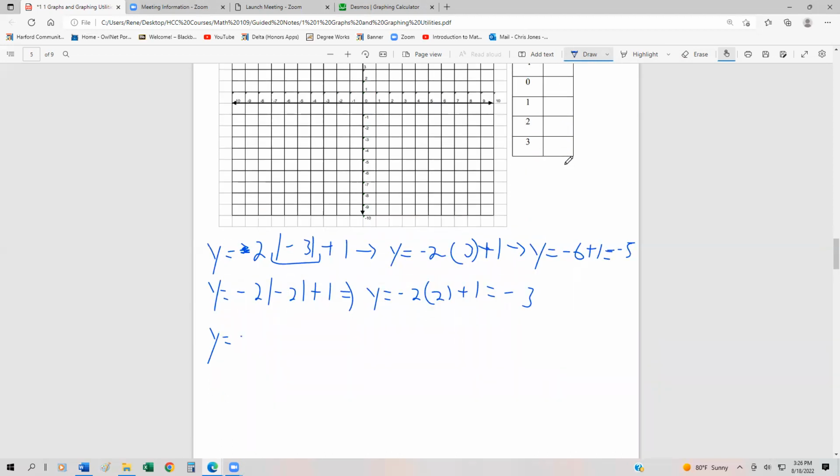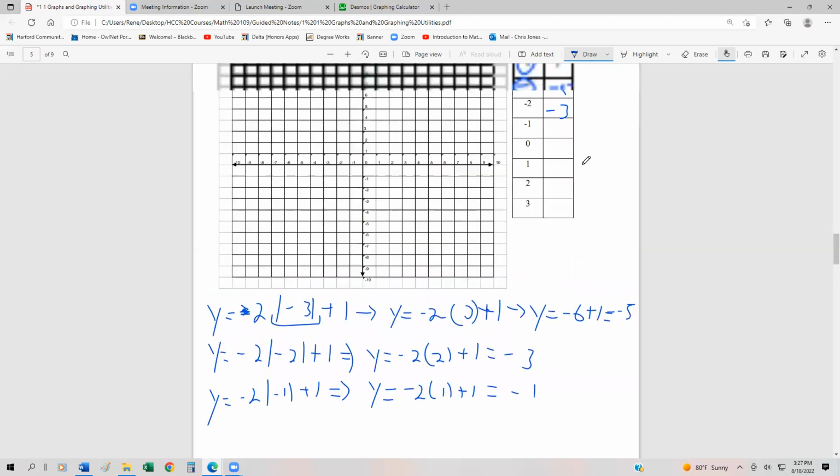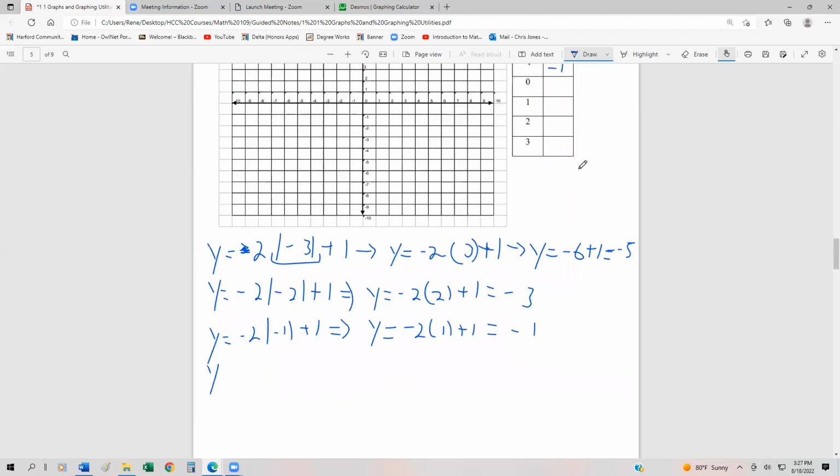So y equals -2 times the absolute value of -1, plus 1, which is going to be y equals -2 times 1 plus 1, which is ultimately going to work out to -1. And if we substitute 0, that's even easier. So we get -2 times the absolute value of 0, plus 1, which is the same thing as -2 times 0 plus 1, or just 1.